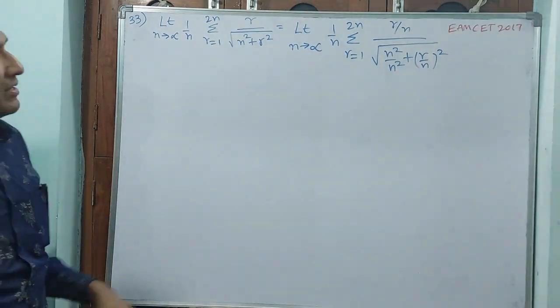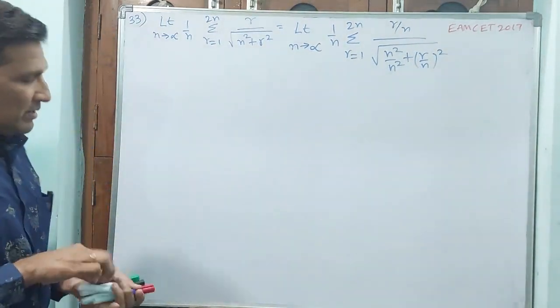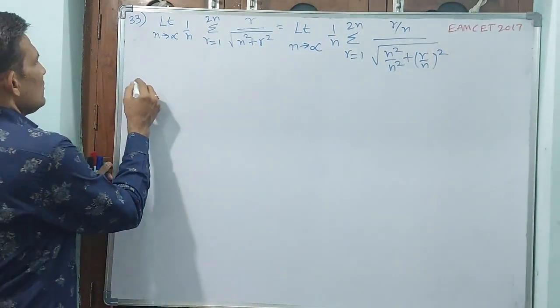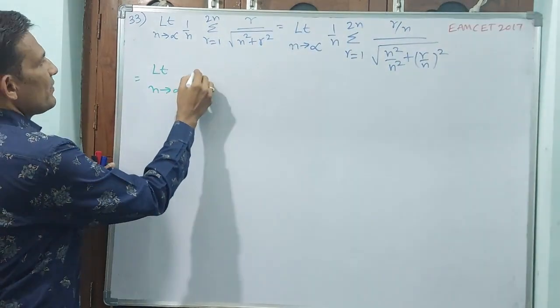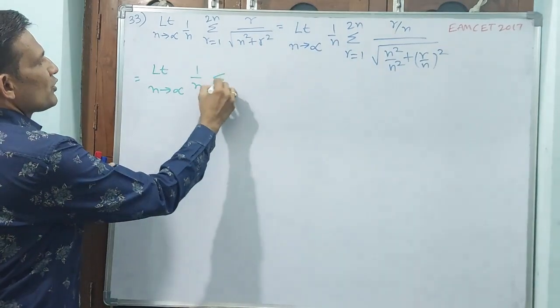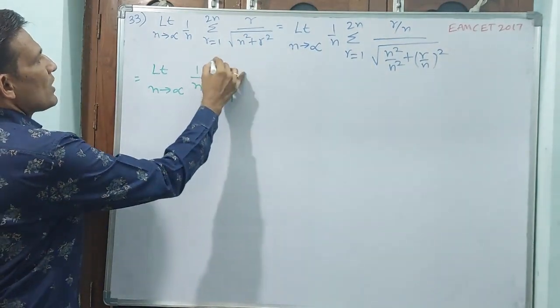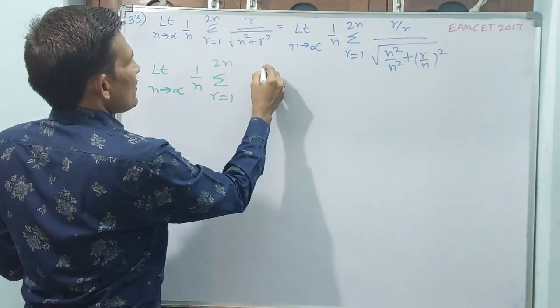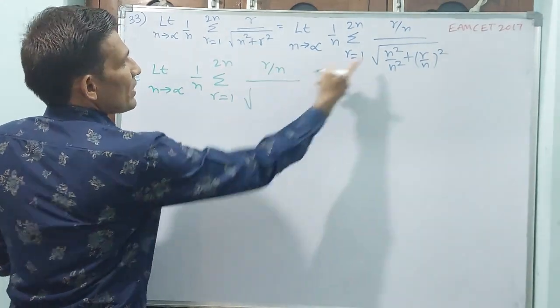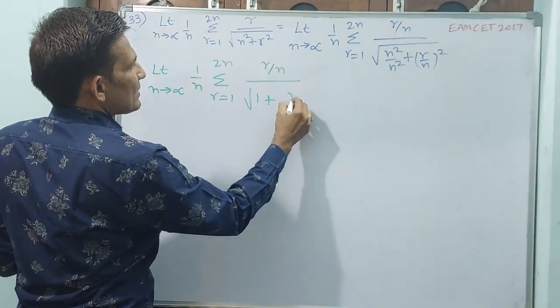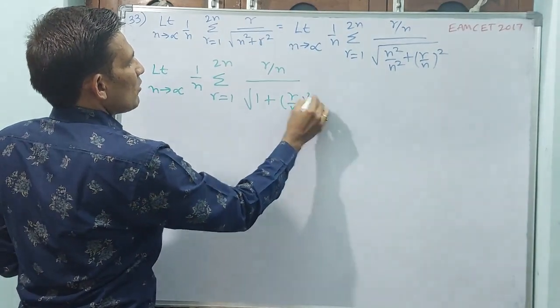But r by n. See, this is going to be converted like this. That is equal to limit n tends to infinity 1 by n sigma r is equal to 1 to 2n, r by n you keep r by n only, divided by square root of n square by n square means 1 plus r by n whole square.